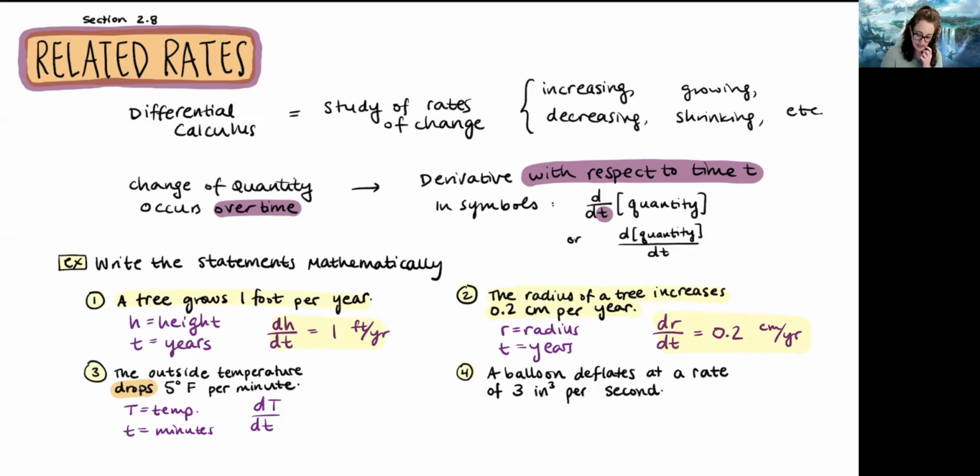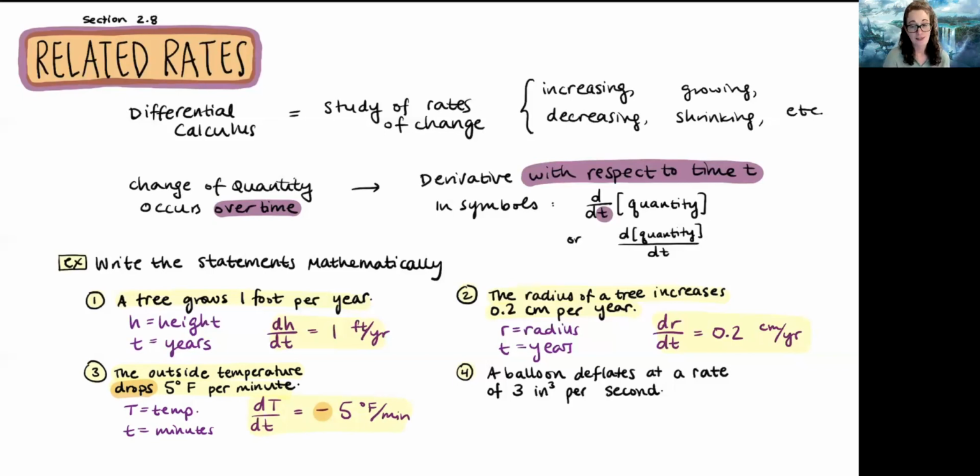So we have to interpret that as the rate of change being negative, so this comes from the dropping, negative 5 degrees Fahrenheit per minute. And again, this whole phrase here can be represented by d big T, d little t, equals negative 5 degrees Fahrenheit per minute.